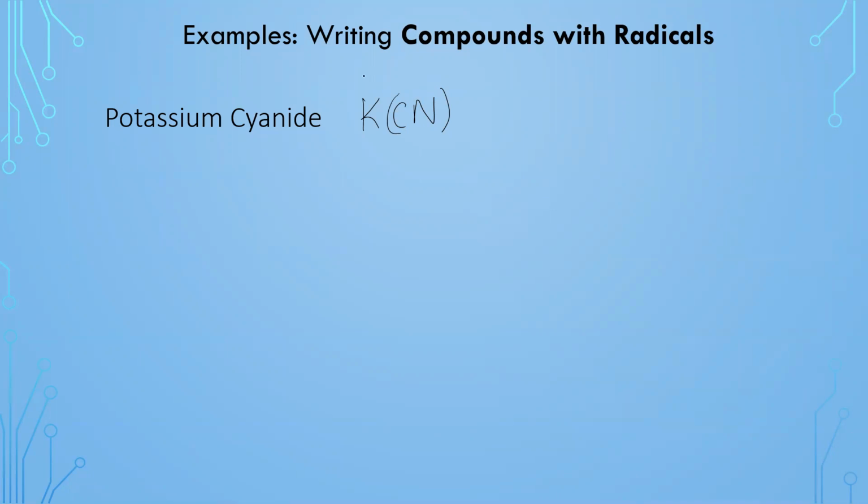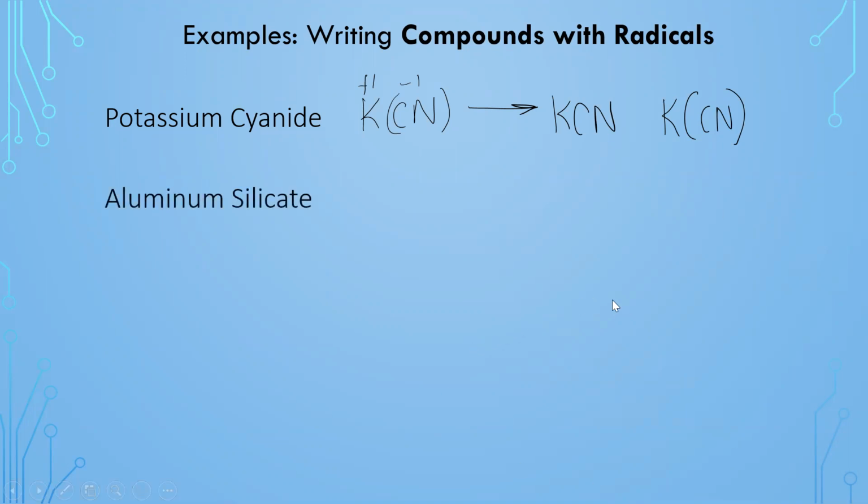Potassium from my periodic table of elements is +1. Cyanide from my radical sheet is -1. I'm looking at CN as a whole, not C and N separately. They cancel out. So my final answer is KCN, or you can write it K parentheses CN, whichever you prefer. So very similar to the binary rule, except now you have radicals.